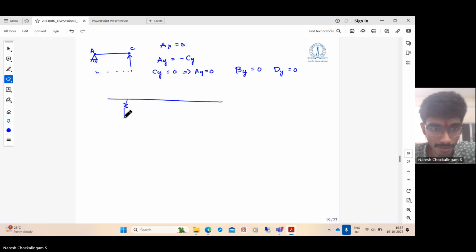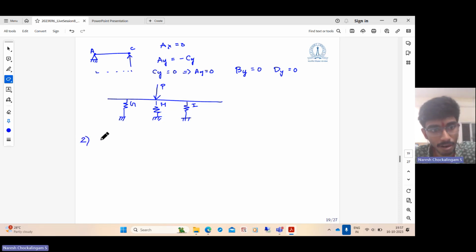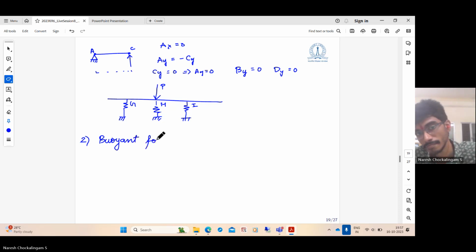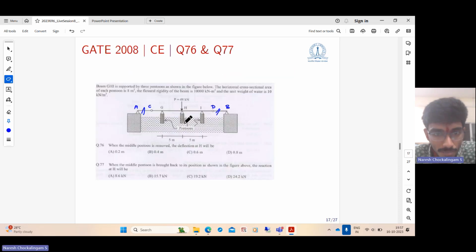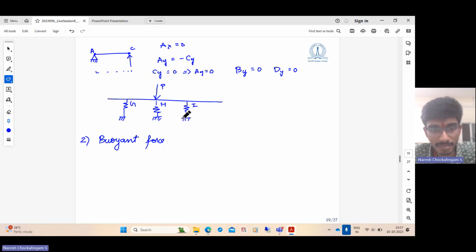Look at G, H, and I. And you have some forces acting here. The second thing is let us characterize the buoyant force. Suppose this pontoon, one of the pontoons that is considered, they are prismatic, they have a constant cross-sectional area.